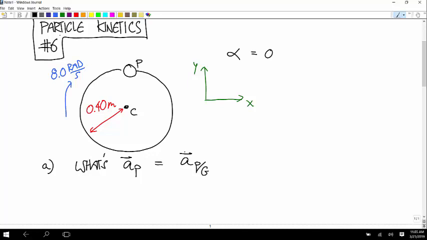And I say that because we're going to have to use relative motion for this. And we're going to have to use relative motion because the center C is accelerating. So the acceleration of that point C is 6, negative 2 meters per second squared. That's given.